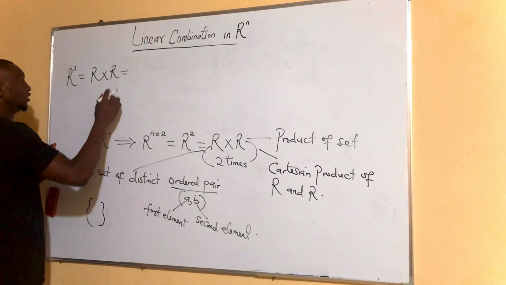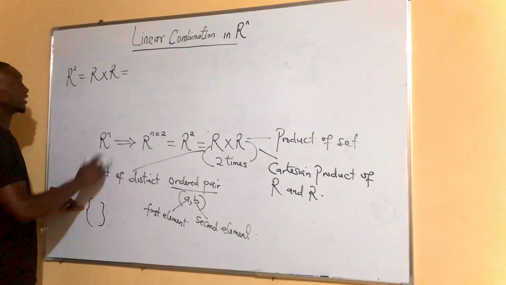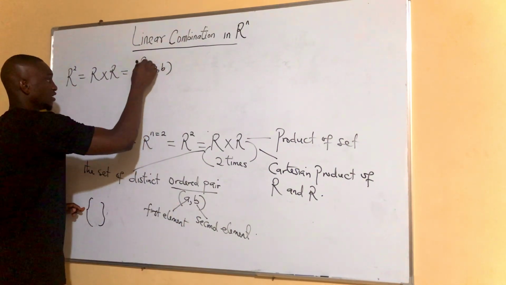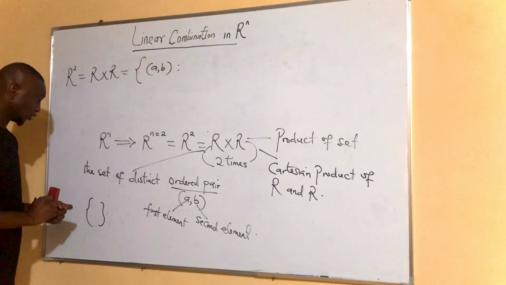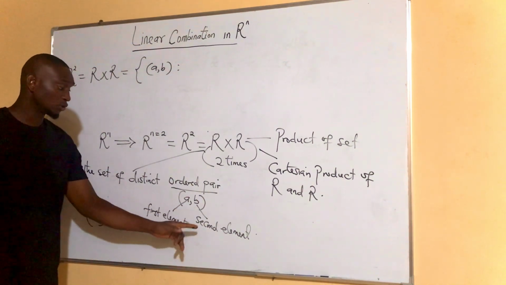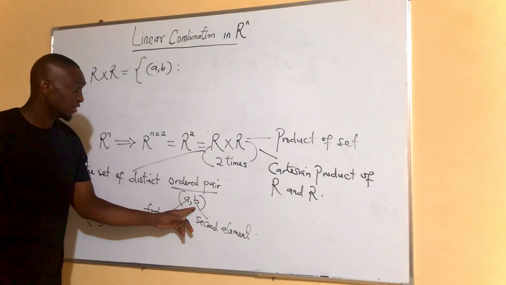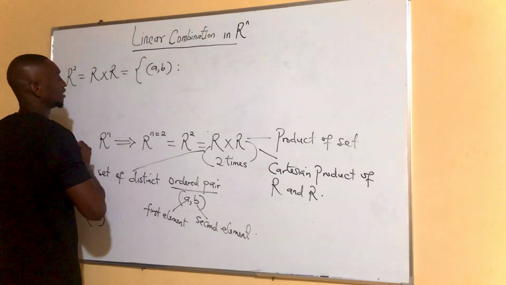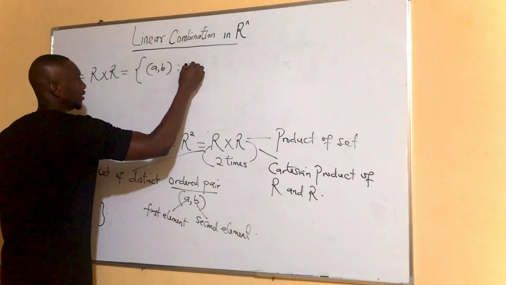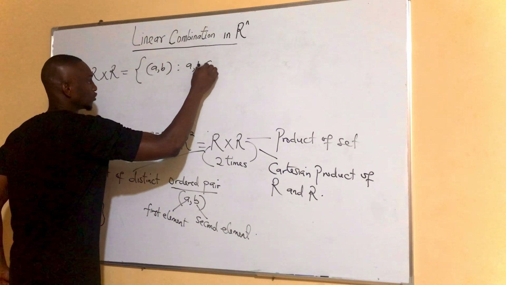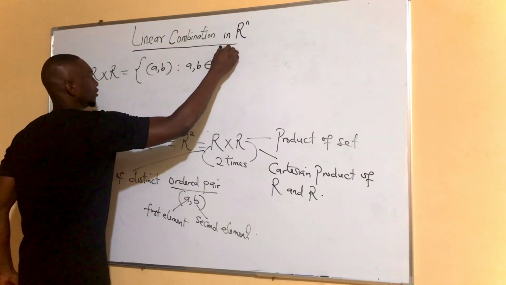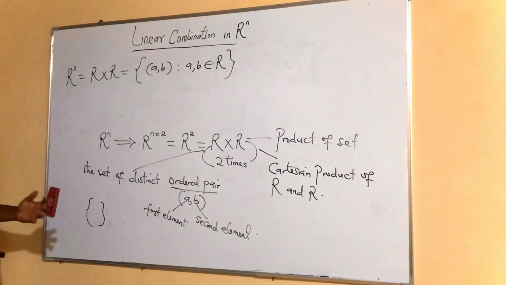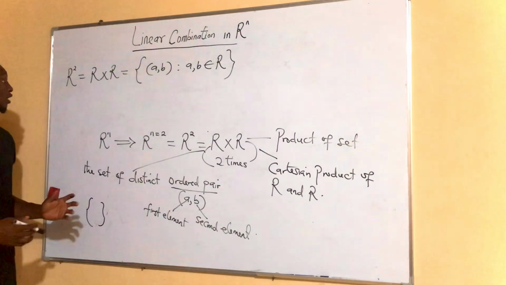Now we have this set, we employ the brace, and we have the distinct ordered pair. The first element must belong to the set of real numbers, and the second element must belong to the set of real numbers. Hence, this is how we define this, such that A and B belong to the real numbers.